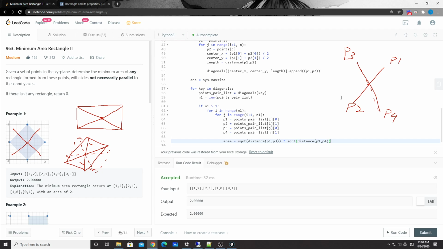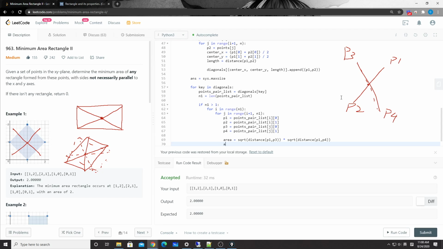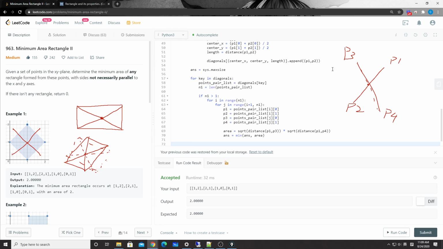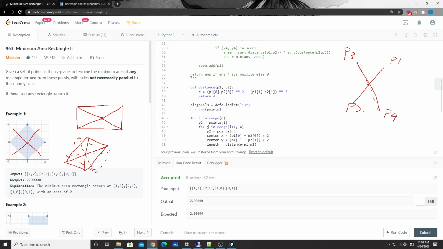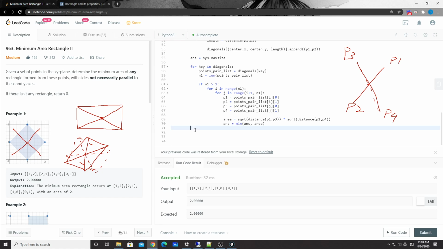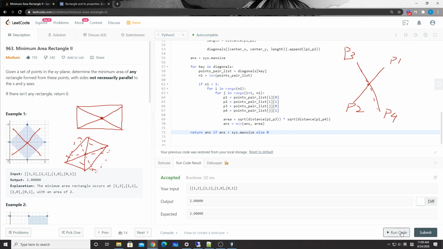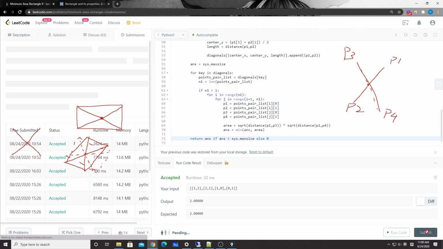Then same thing, answer equals the minimum of answer and area. And then same return here. Okay, run, submit.